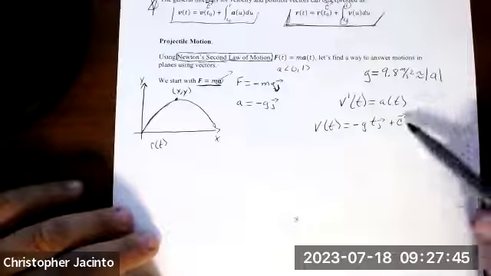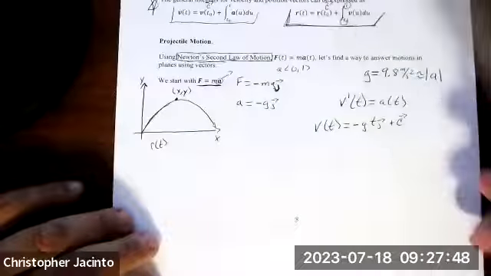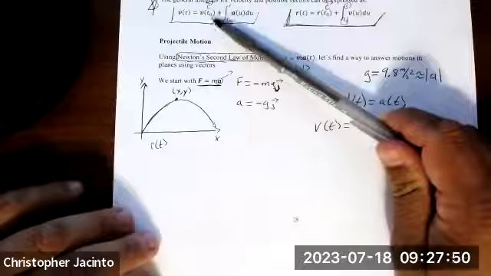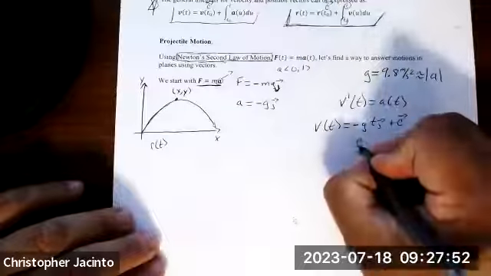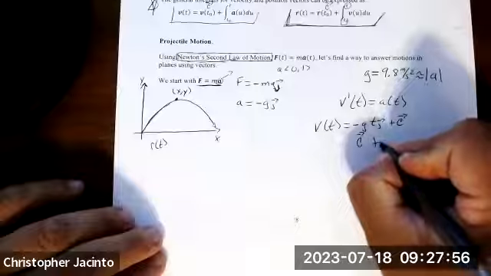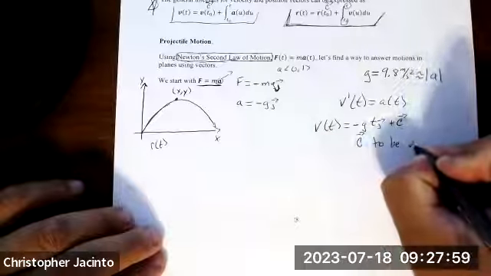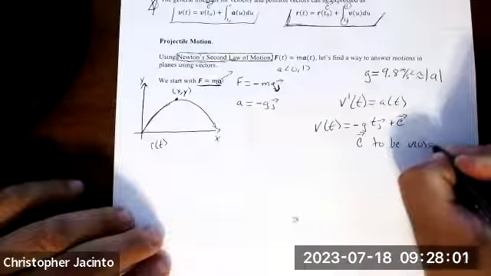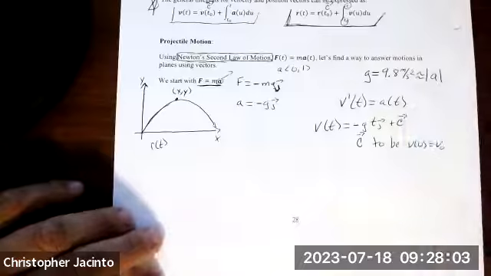Okay. And just like the last example, right here, we're going to set c, the vector constant term, to be v of 0, or just v naught, the initial velocity vector.